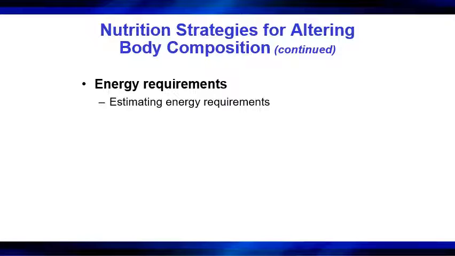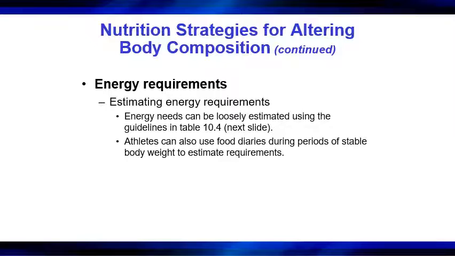Continuing, you have to estimate your energy requirements, particularly based off of physical activity. On the next slide, I'm going to show a table that I took out of the textbook that I utilized to create this lecture. Probably the best way anybody could do this, particularly athletes, is to use a food diary.